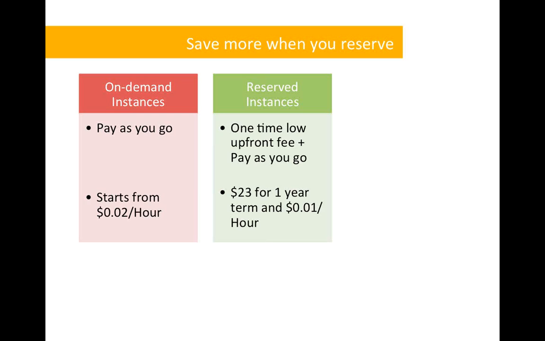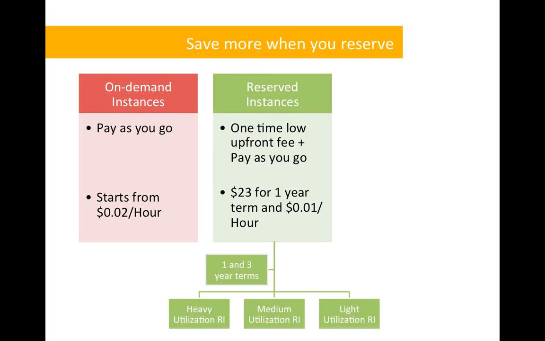Okay, so you pay an upfront cost, but then your hourly charge is reduced. You can choose reserved instances as either 1 or 3-year terms. And we'll talk about when you would want to choose both of those in a minute. We also have 3 different options: heavy utilization, medium utilization, and light utilization.